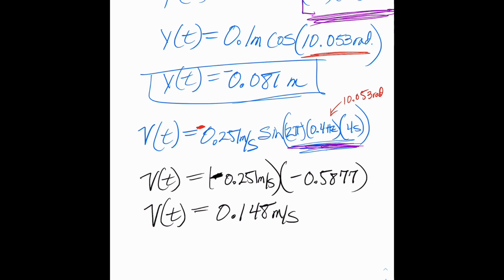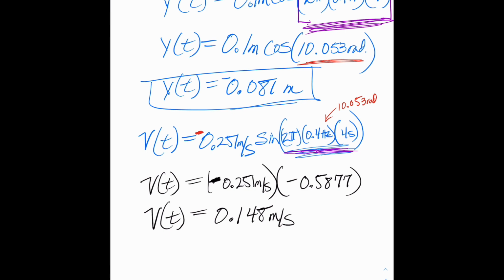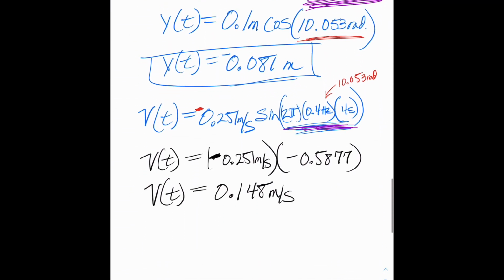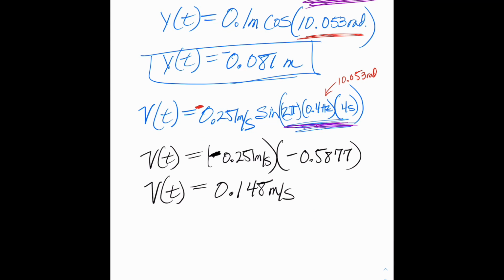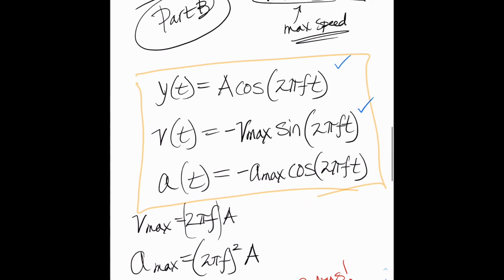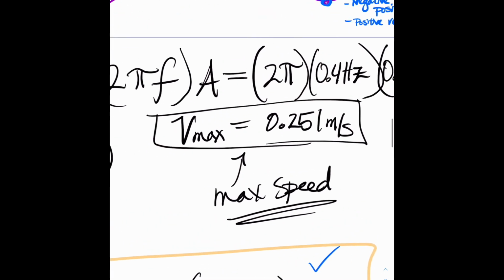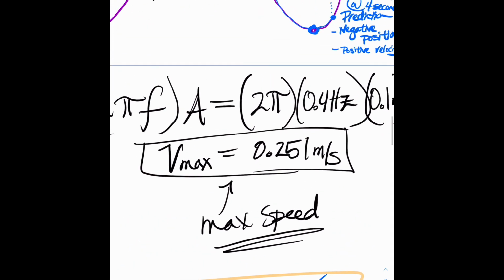Okay, so that's saying 14.8 centimeters per second. That seems okay. What was the max velocity? The max velocity we said was 0.251, that's 25.1 centimeters per second.